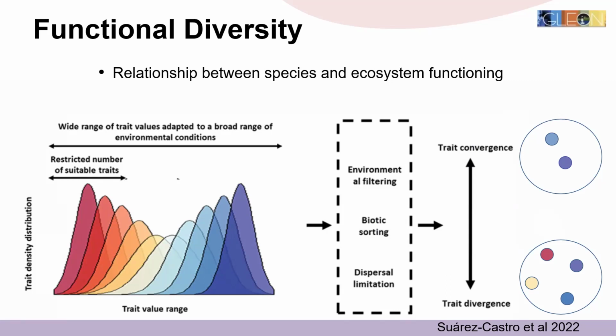So these species are not competing and they are using the resources more efficiently. This is linked to an increase in ecosystem functions. So when we have more traits and more divergence of traits, we have more ecosystem functions.